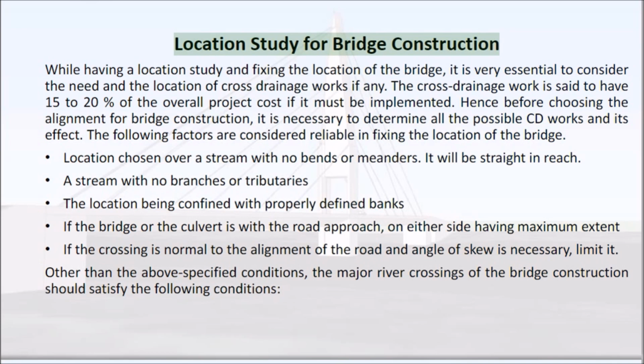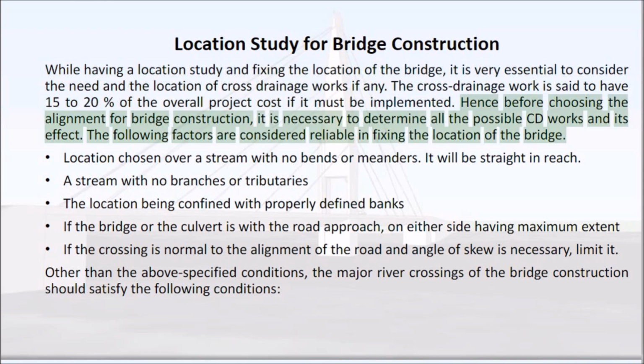Location study for bridge construction. While having a location study and fixing the location of the bridge, it is very essential to consider the need and the location of cross-drainage works if any. The cross-drainage work is said to have 15 to 20% of the overall project cost if it must be implemented.